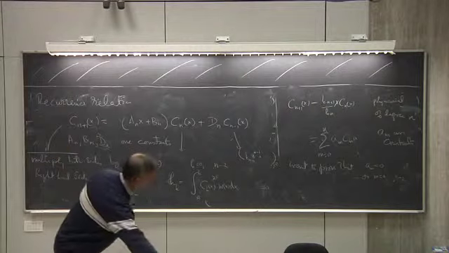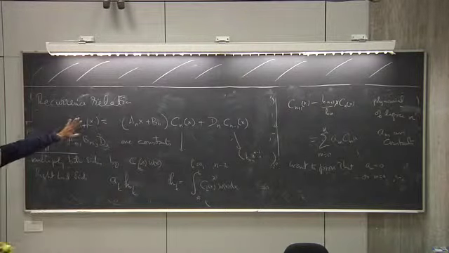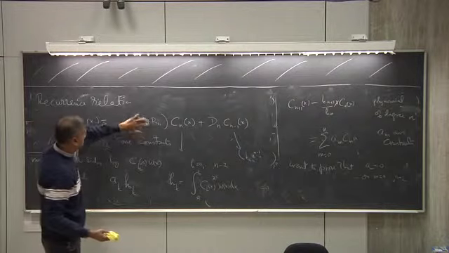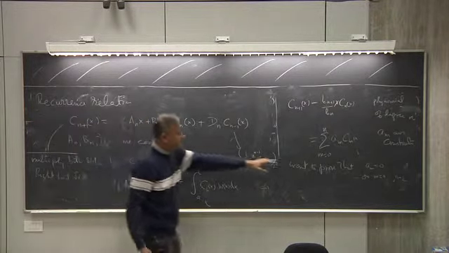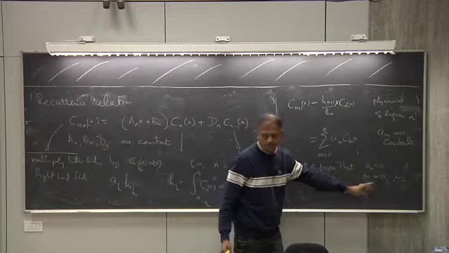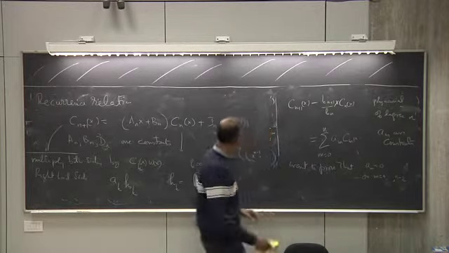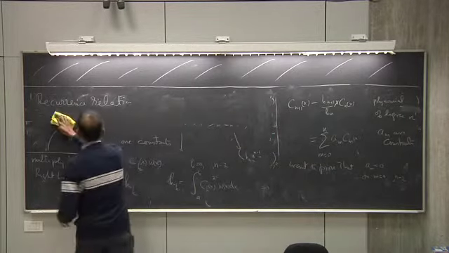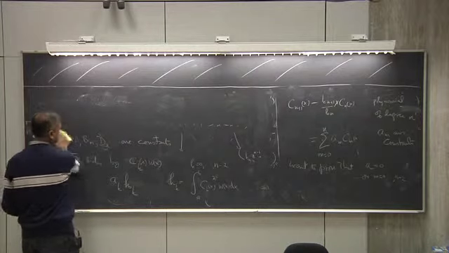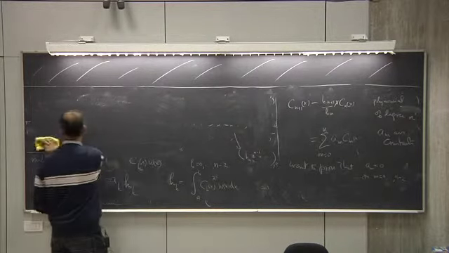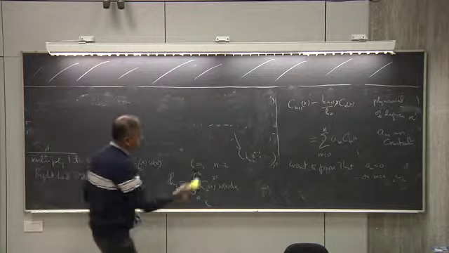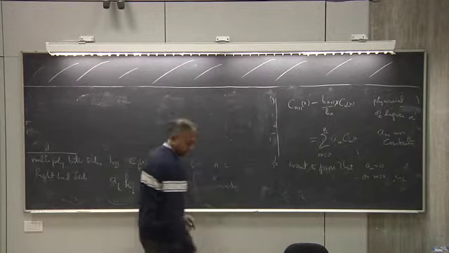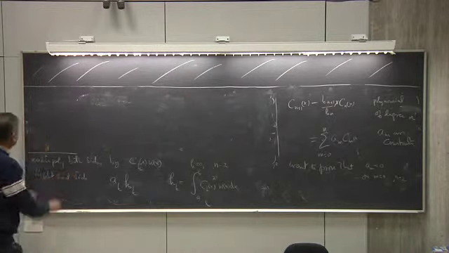Can I erase this now? All this statement is now summarized in this statement. It has no more information there. Okay, so now let's look at the left hand side.